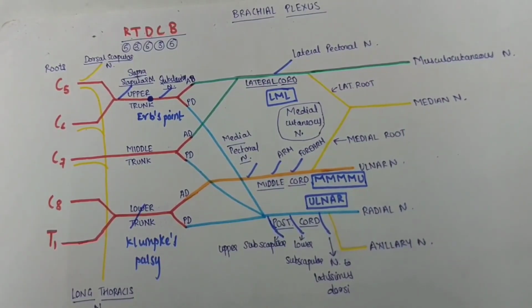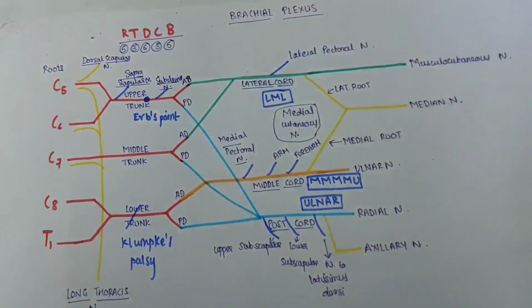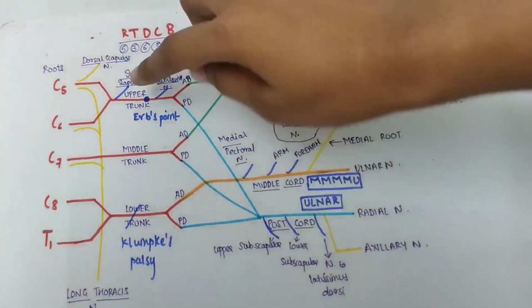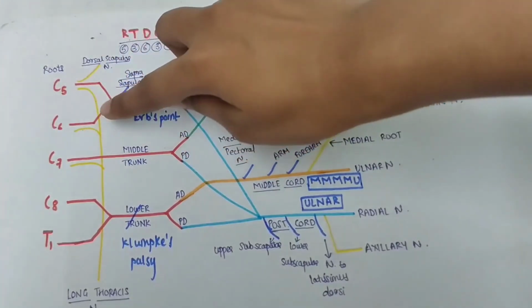Now we will learn about the clinical aspects, what are the problems which we will confront if there is a problem in brachial plexus. So, this point here is called Erb's point. So why is it known as Erb's point? Erb's point mainly means it is supplied by 6 nerves. One nerve comes from C5, another nerve comes from C6.